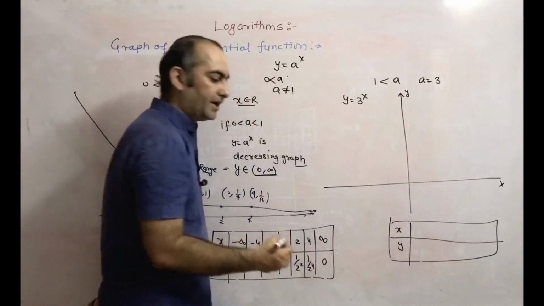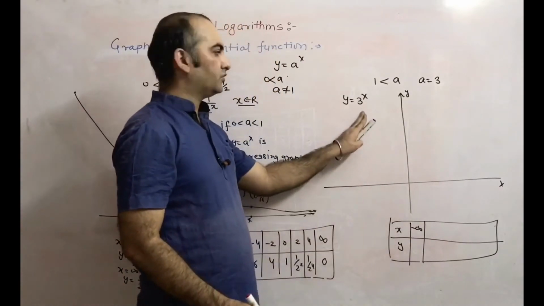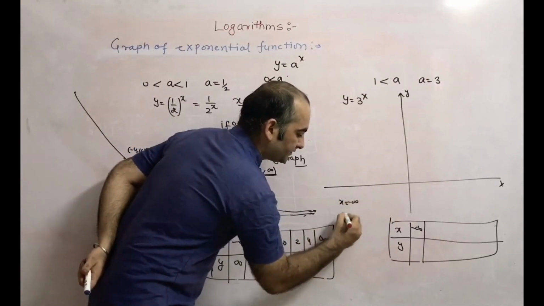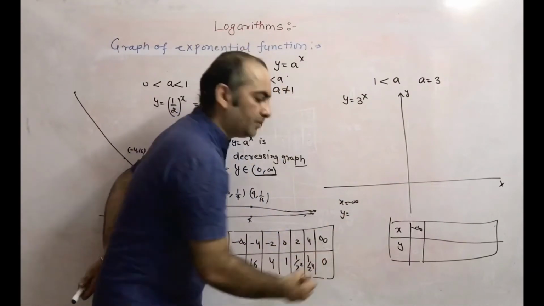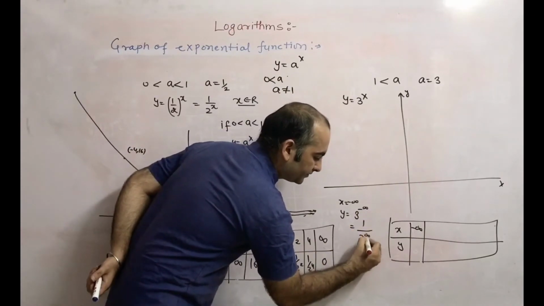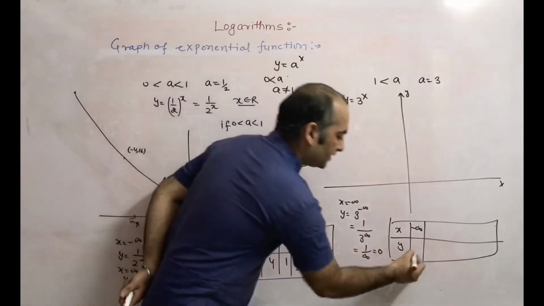Starting with minus infinity. If I put x as minus infinity, then y is 3 power minus infinity, which is 1 by 3 power infinity, so 1 by infinity, which is 0.